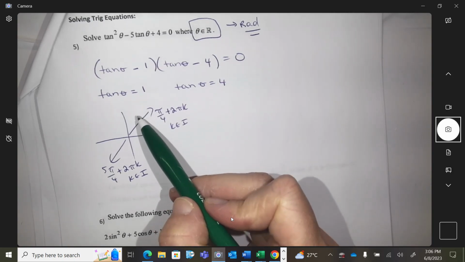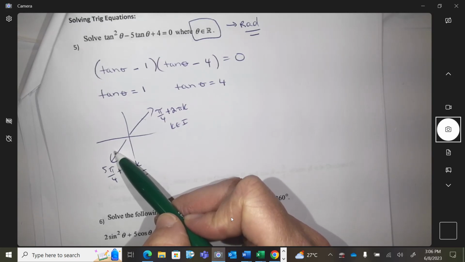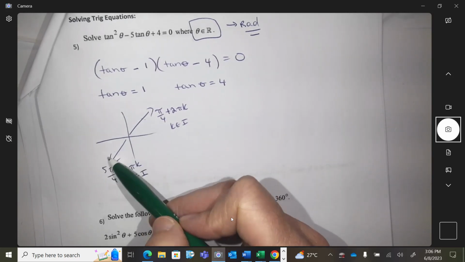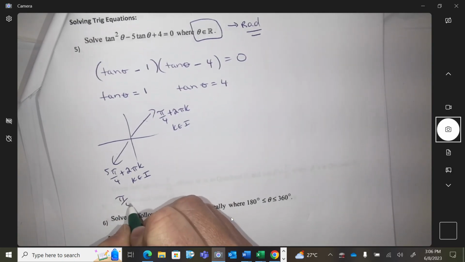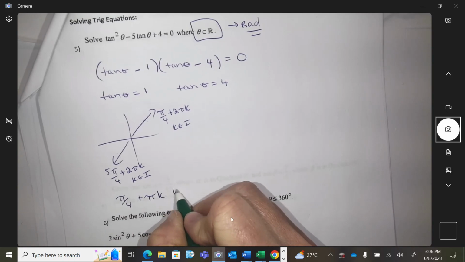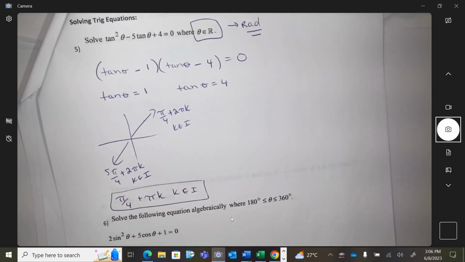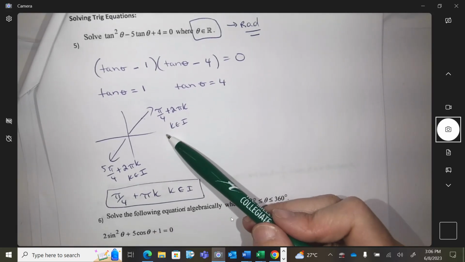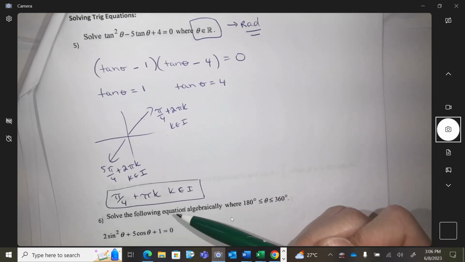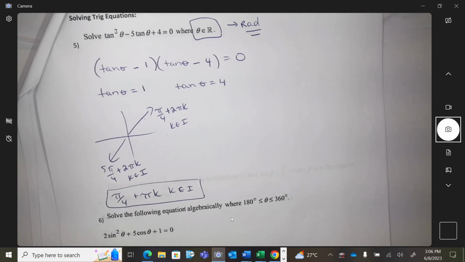Would it make sense if I took this angle and rotated just 1 pi? It would include that answer. And rotating just a pi includes all those. So this answer is great. This answer is also great. Okay, this one's a little more impressive because you thought about something different, right?